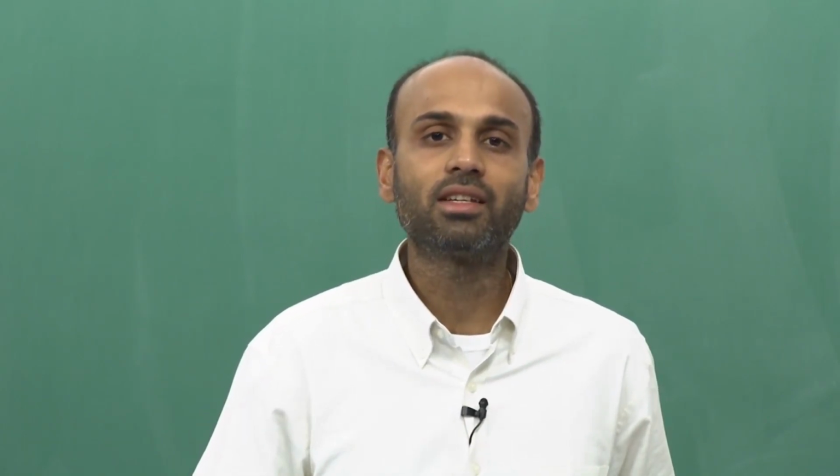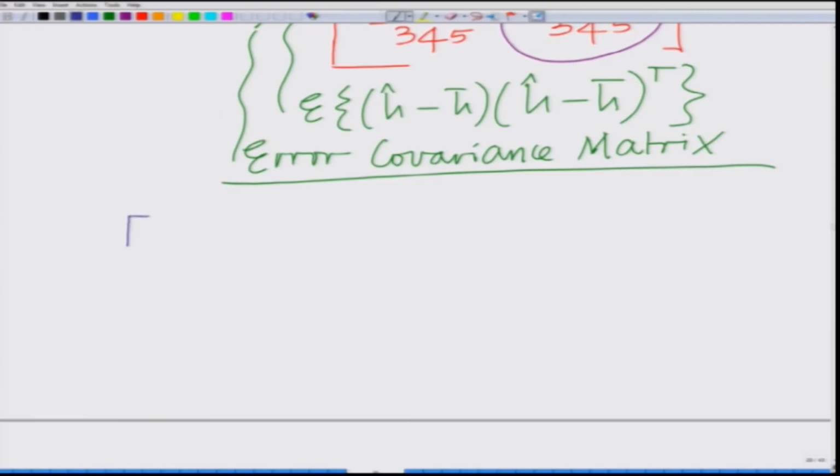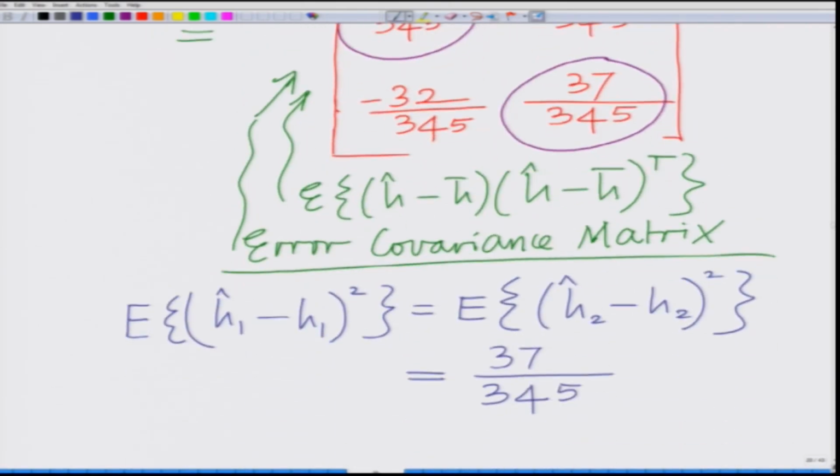The diagonal elements are the variances in the estimates of the channel coefficients H1 and H2, which means the expected value of H1 hat minus H1 square is equal to the expected value of H2 hat minus H2 square, and this is equal to 37 divided by 345.